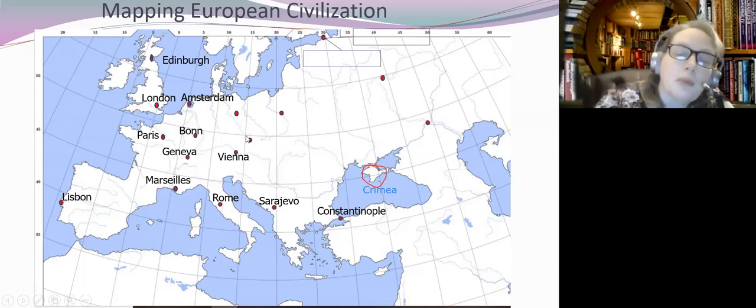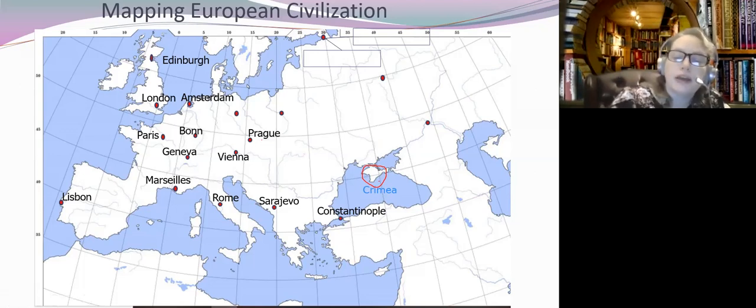Right here, but close to the crosshairs, is where the city of Prague sits. Okay, now Prague's going to be the capital of Czechoslovakia, which will be on your post-war World War I map. And so find where the river is, find Prague, and then find Czechoslovakia. Okay, you'll put those two pieces together.